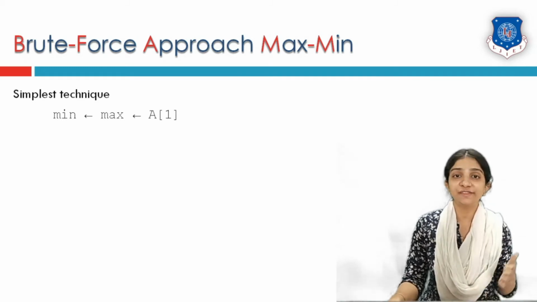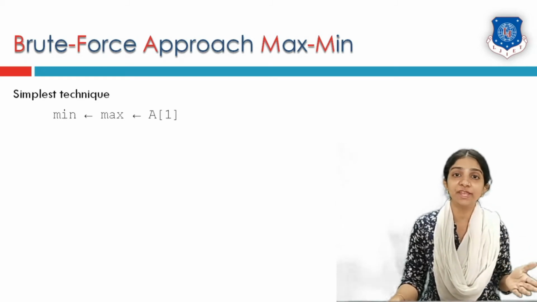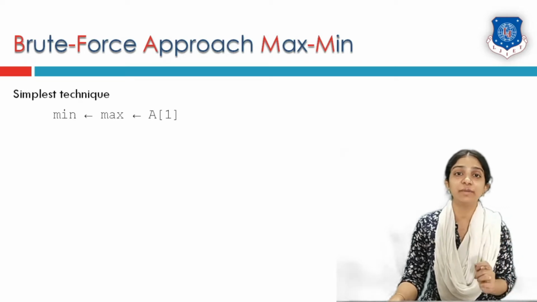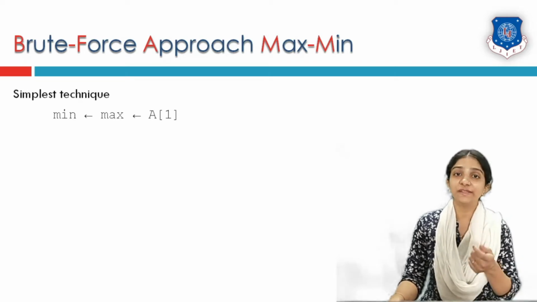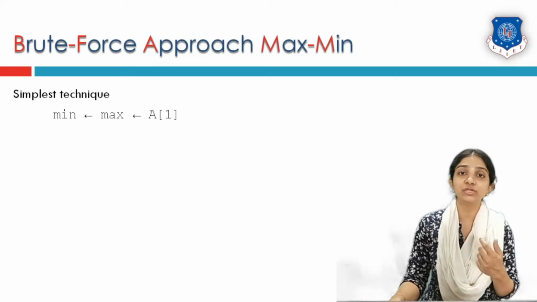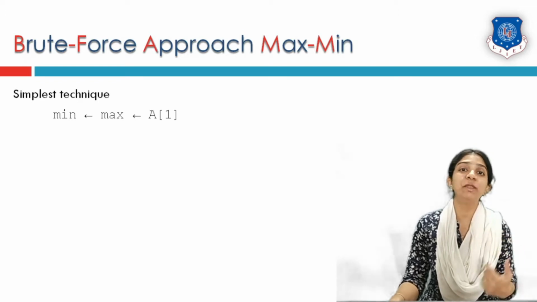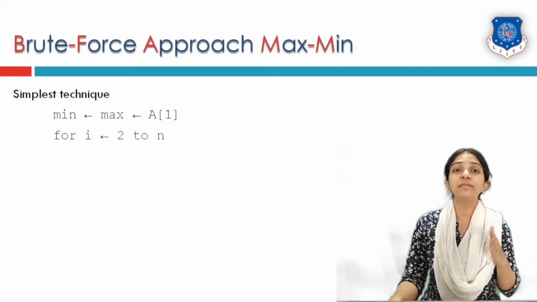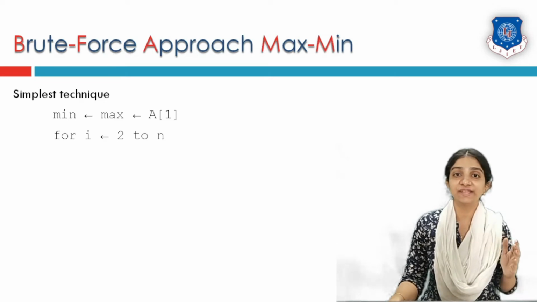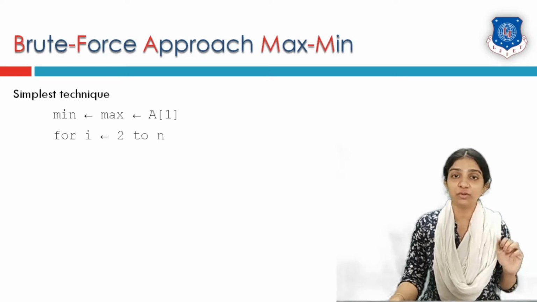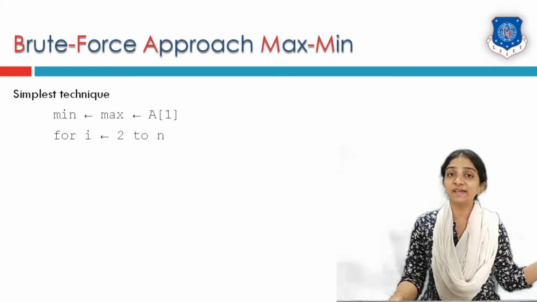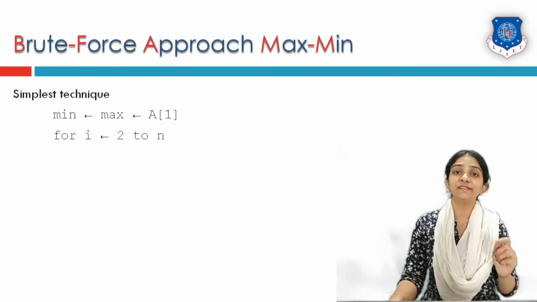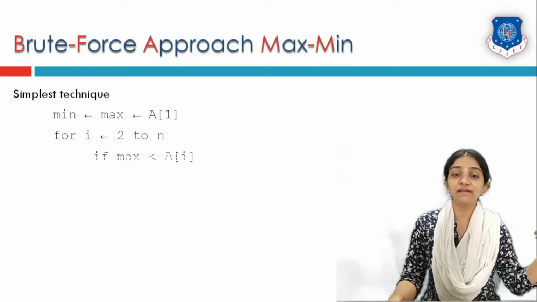We initialize max variable and min variable as the first element of the list. That is, A of 1 is given to max as well as min variable. Right from the second element of the list, that is for i equal to 2, going up to the last element of the list, up to n, what we have to do?